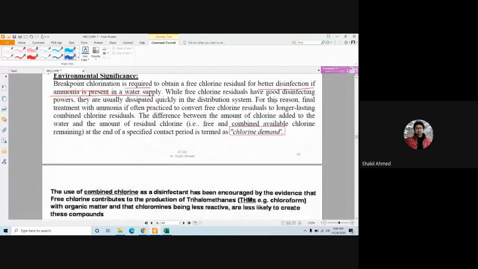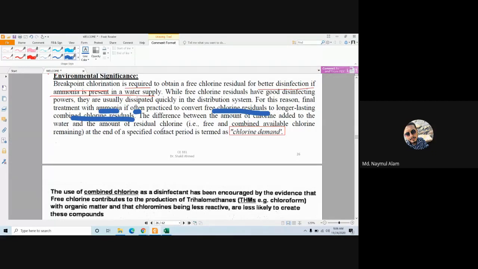For this reason, the final treatment with ammonia is often practiced to convert free chlorine residuals to longer lasting combined chlorine residuals. Are you following this? Free chlorine residual is what? Hypochlorous acid and hypochlorite ion. Combined chlorine residuals are what? Monochloramine and dichloramines.